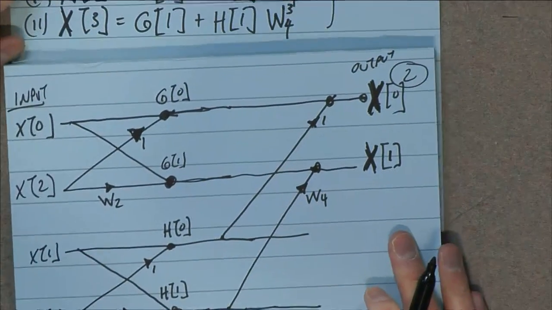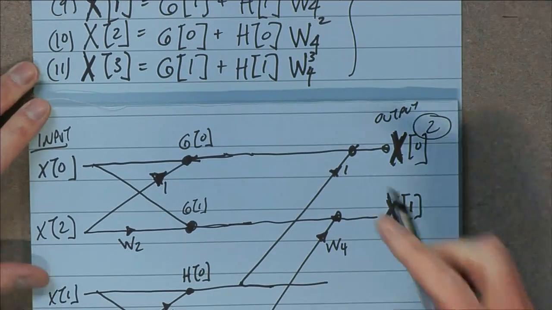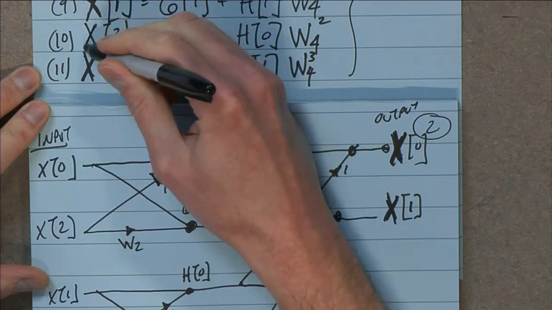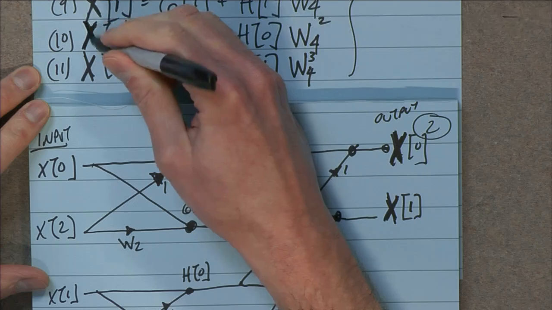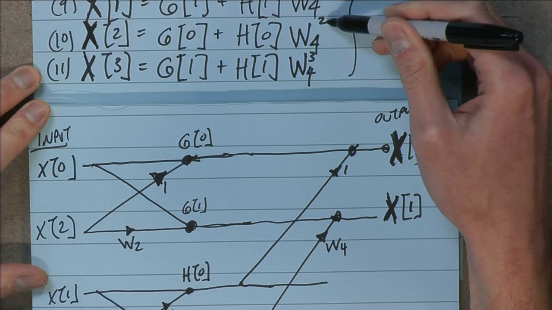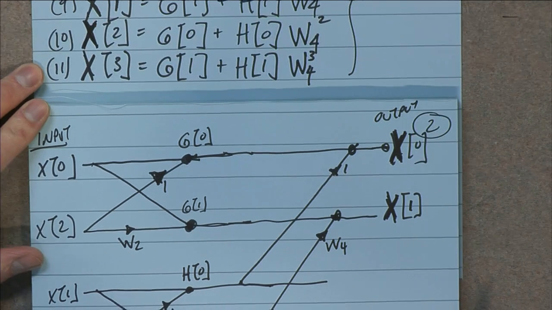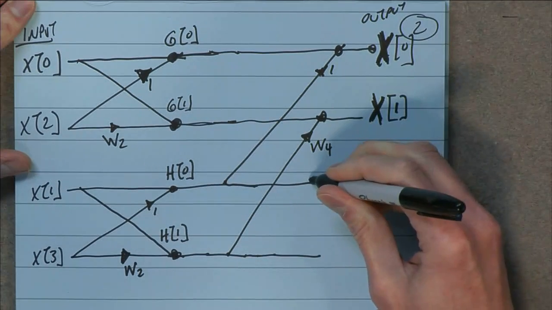So that leaves us with these last two. So let's look at them briefly. This last frequency sample, this x2 frequency sample, is G0 plus H0 with this weight of W4 squared. So that's what I'm going to try to put into our table here: G0 plus H0 W4 squared.